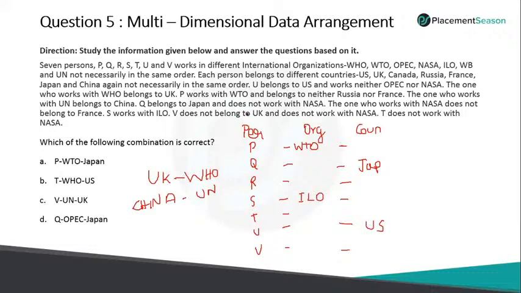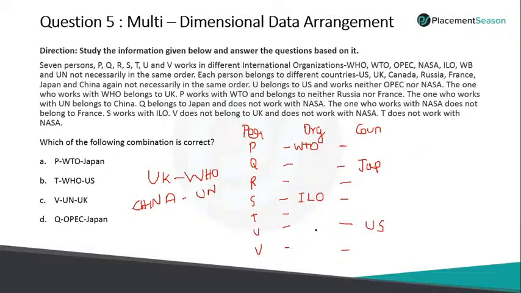V does not belong to UK and does not work with NASA, which is also given. T does not work with NASA either. So there are many NASA conditions, so where will NASA be? We'll see that now.